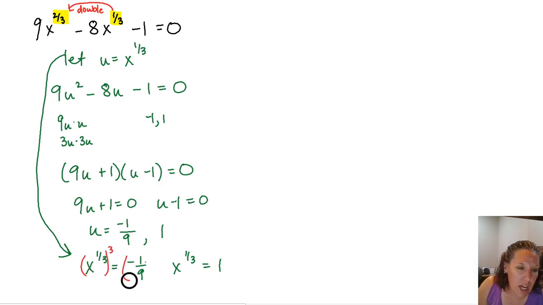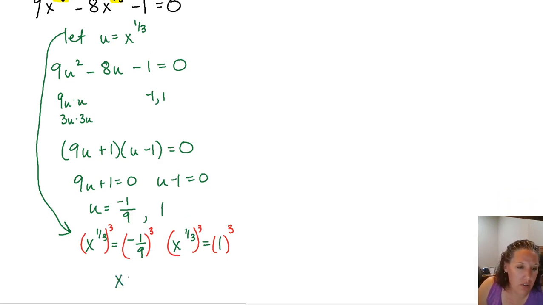We want to raise both sides to the 3rd on both equations, and we get solutions of x to the 1/3 to the 3rd simplifies to x. So -1/9 to the 3rd is going to be -1 cubed is -1, 9 cubed is 729.